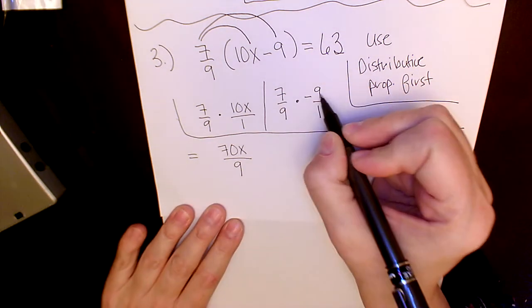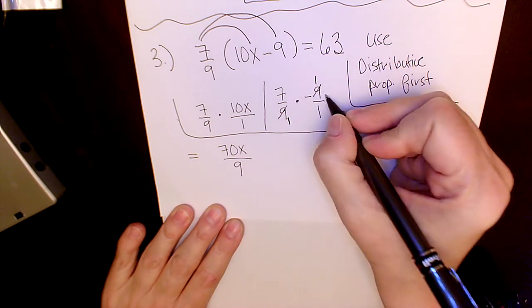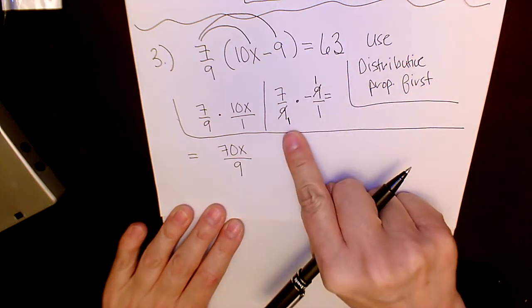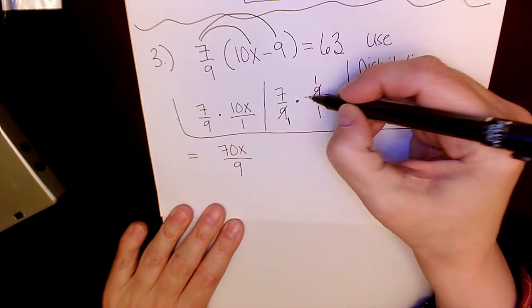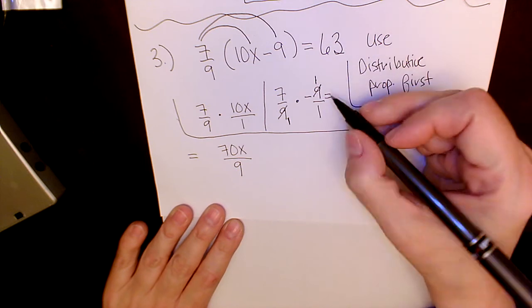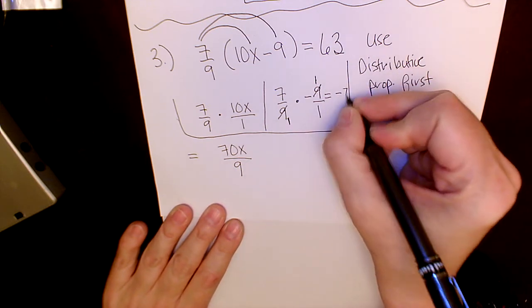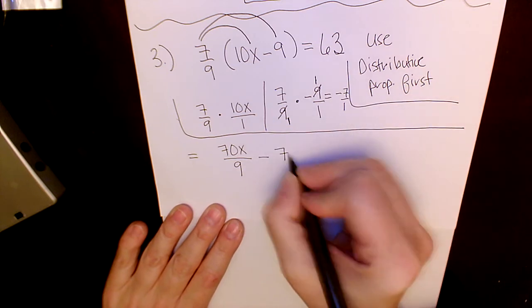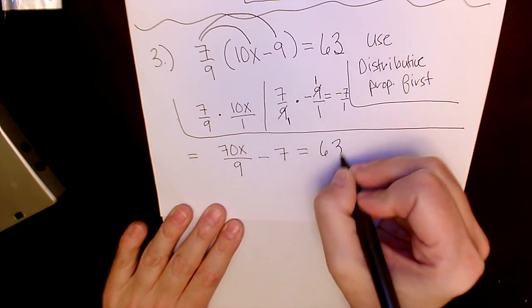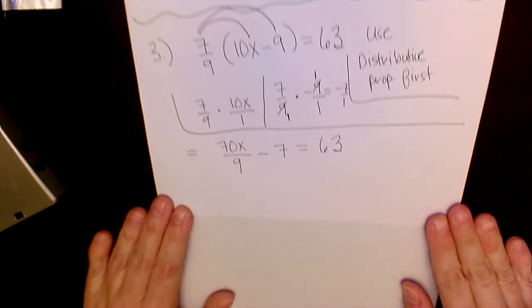So here, these 9s can cancel. 9 goes into 9 one time. 9 goes into -9, -1 time. So if I multiply straight across, -7 over 1, or just -7. How's that so far?